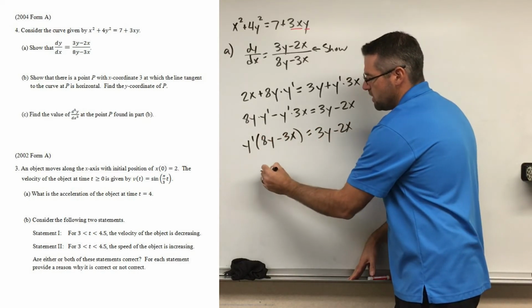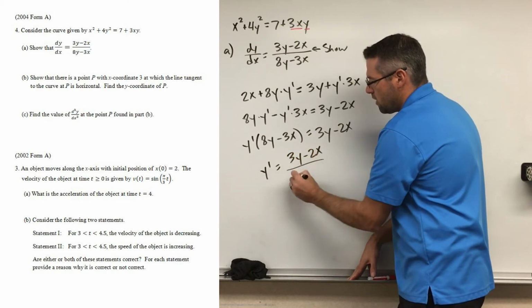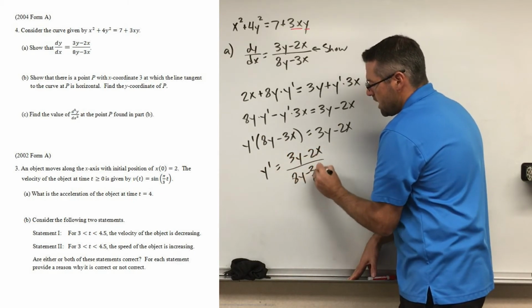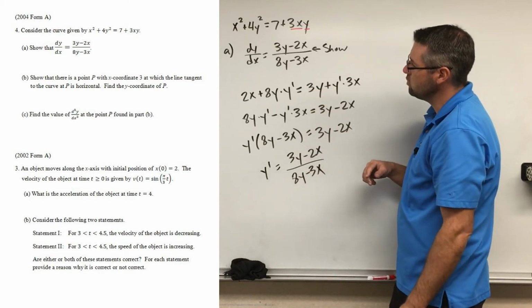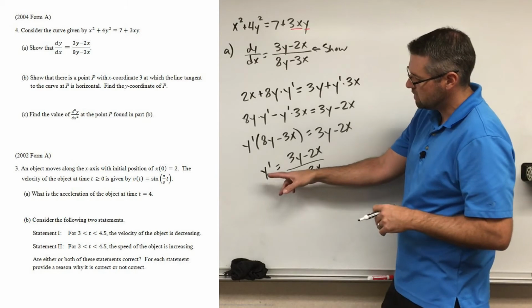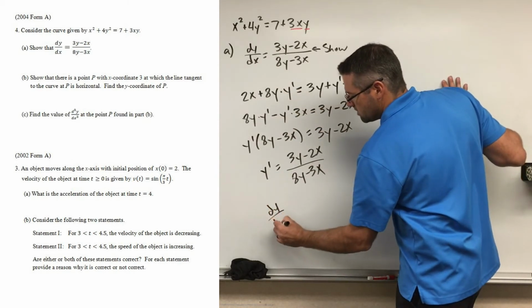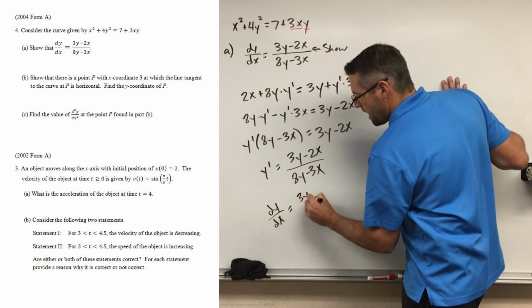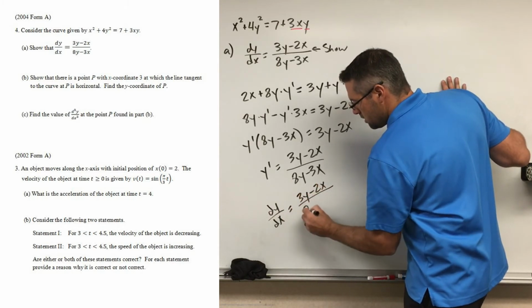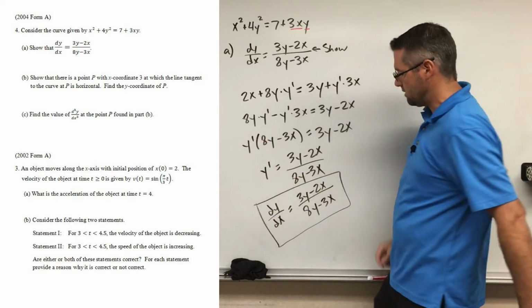And then divide, so we end up with y prime equals (3y minus 2x) over (8y minus 3x). And that's exactly what they told us to show. The only thing that you could say is, well, this is in Newton's form, that's in Leibniz form, so let's just go ahead and rewrite it in Leibniz form so that everybody is happy. Okay, so we have shown the derivative is that.